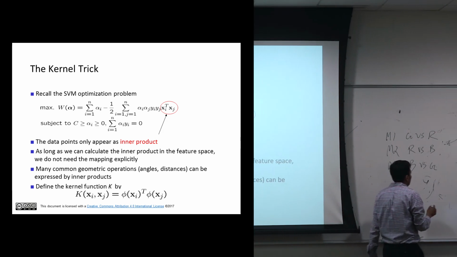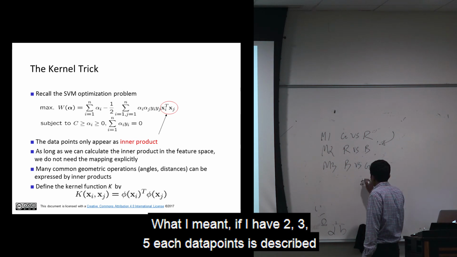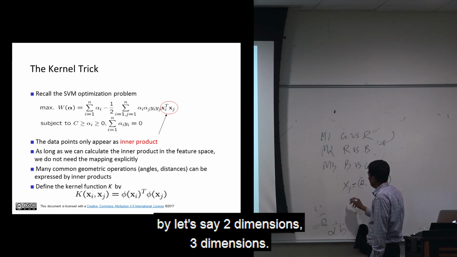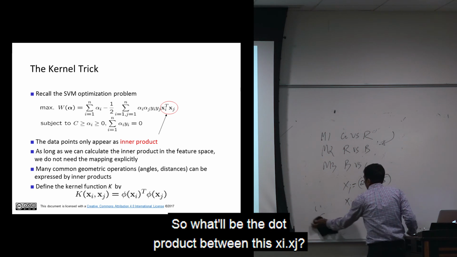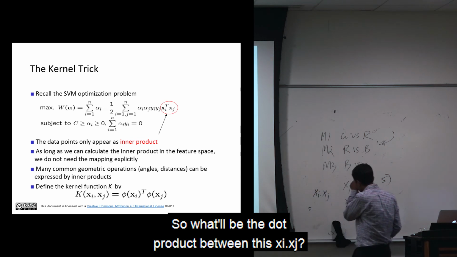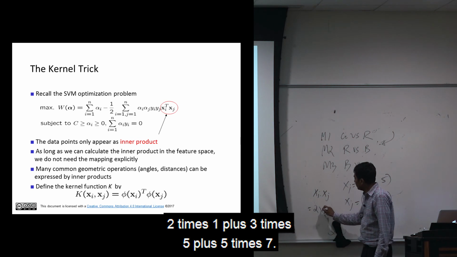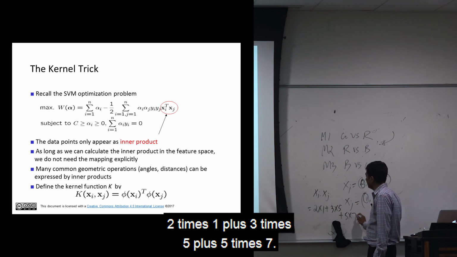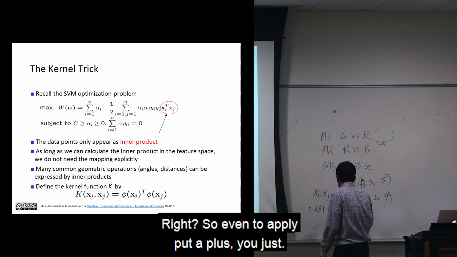Do you know the dot product? What I mean is, if I have a data point 2, 3, 5, described by, let's say, 3 dimensions, and another one 1, 5, 7, what will be the dot product between xi and xj? It is position-wise multiplication: 2 times 1 plus 3 times 5 plus 5 times 7.